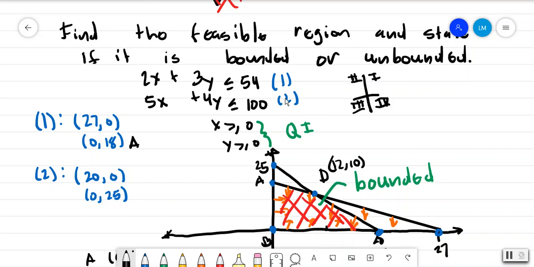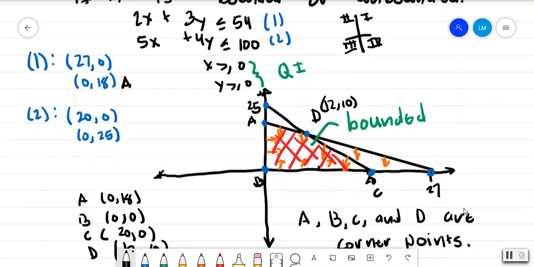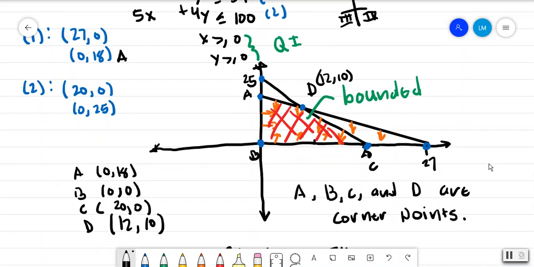It's either below or it's either above. So you can't get more complicated than that. Okay. And then, of course, if you're going to label corner points, notice that 0, 25 is not a corner point. Why? Because it's not in the feasible region. 27, 0 is also not a corner point. Why? Because it's not in the feasible region.